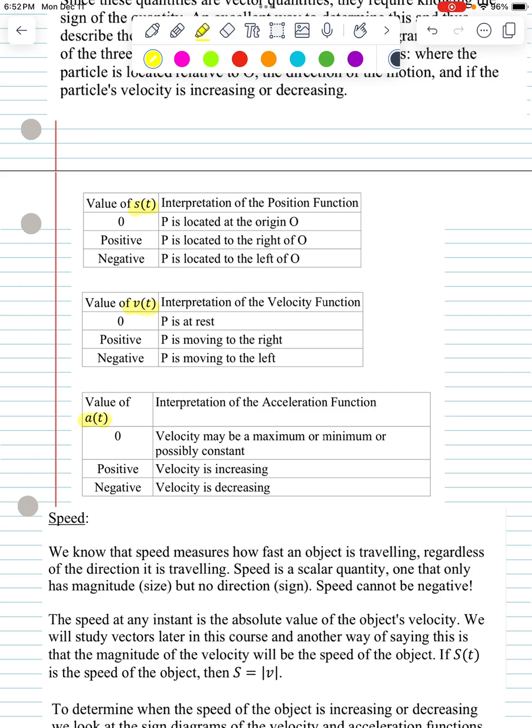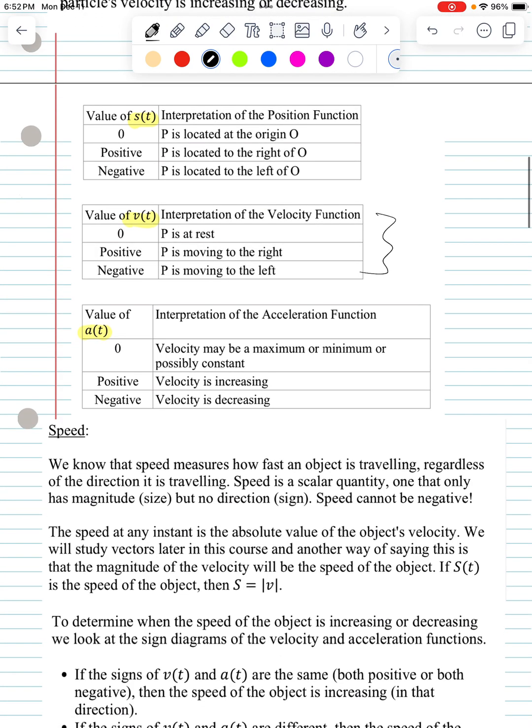So for our position function, it's going to tell us the position in reference to the origin. Okay? The velocity function is going to tell us the speed and the direction. So if it's to the right, we're getting a positive, to the left, we're getting a negative. And then acceleration is telling us if the velocity is increasing, speeding up, or is the velocity decreasing, slowing down.